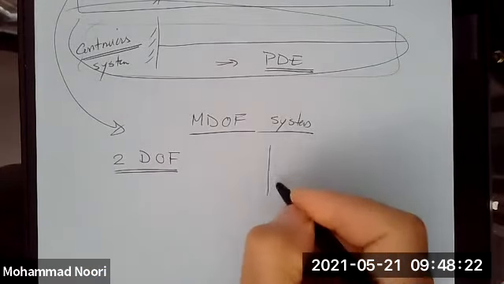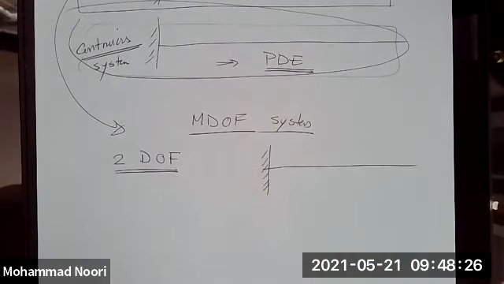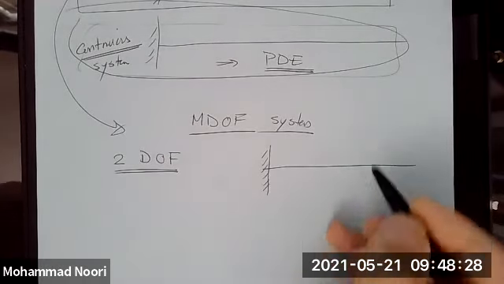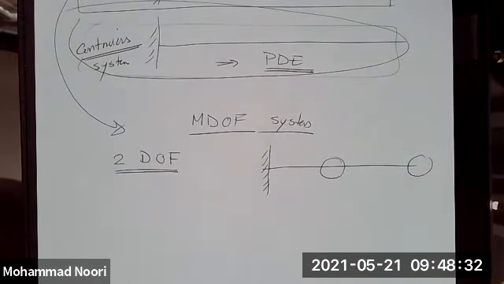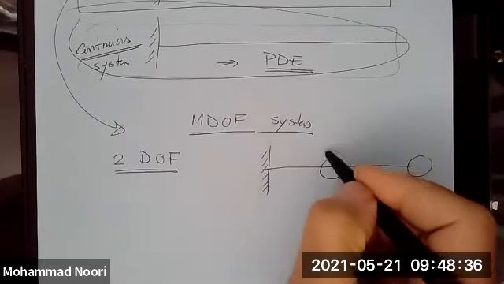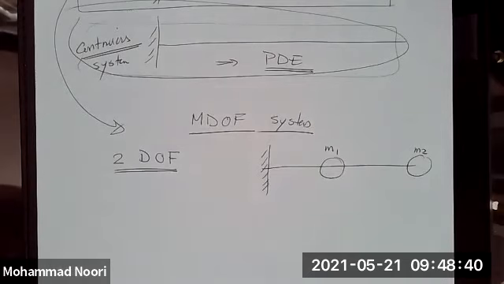In other words, let's first start with a simple case that, let's say, if you have a beam, you have broken down this beam's mass into two masses, each of them representing a degree of freedom, and you want to formulate the problem.